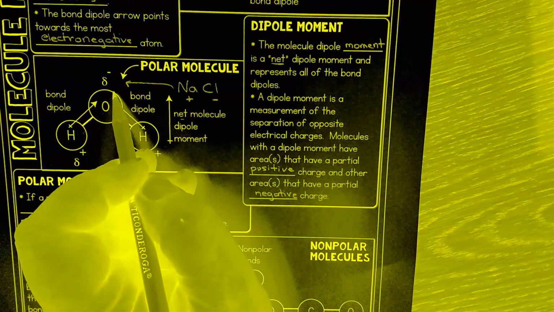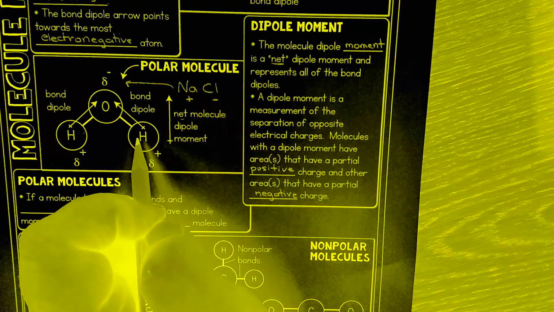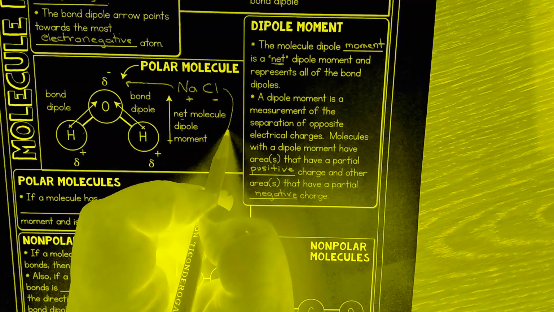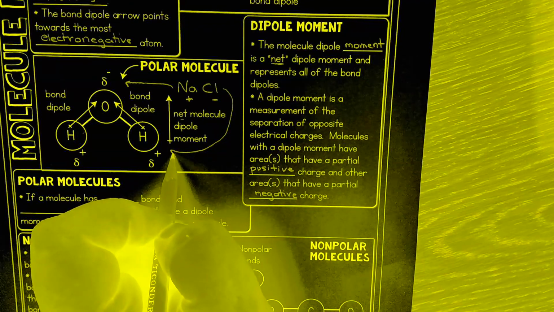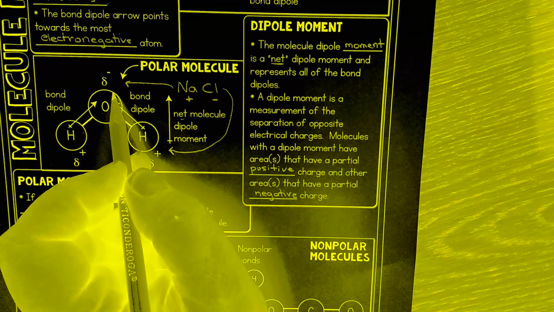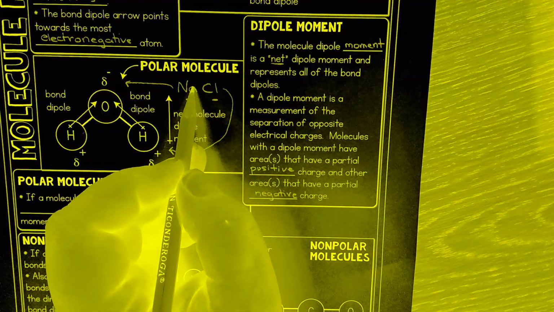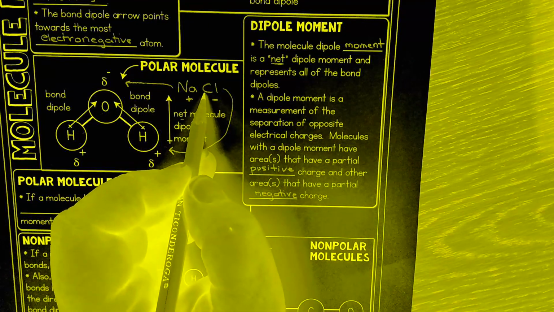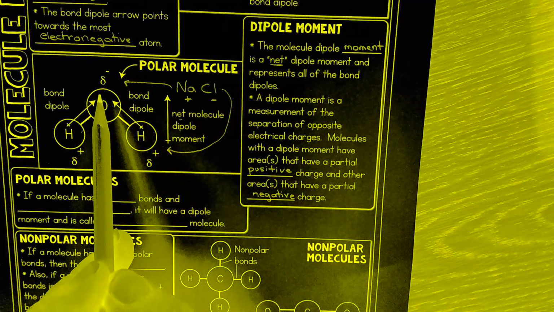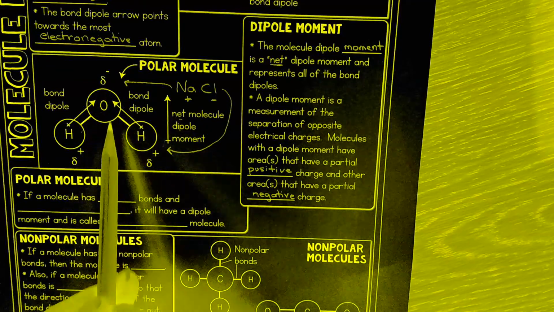And the chlorine is more attracted to the hydrogen end of the water than it is to the sodium. So it would rather be over here with the hydrogen, and the sodium would rather be over here with the oxygen. So the salt gets dissolved, it gets broken apart. And a lot of other things work that way in water too, because these negative and positive charges are so strong.